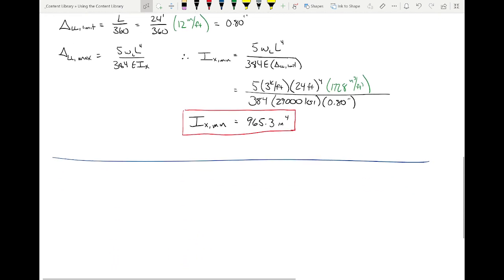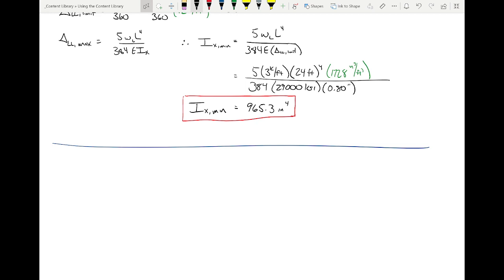Okay, so let me show you how this works. So let's select a trial shape. So I want everybody to follow along with me. We're going to do this one step at a time. For some of you that are skipping ahead, this might seem a little slow, but trust me, there's a reason for this.